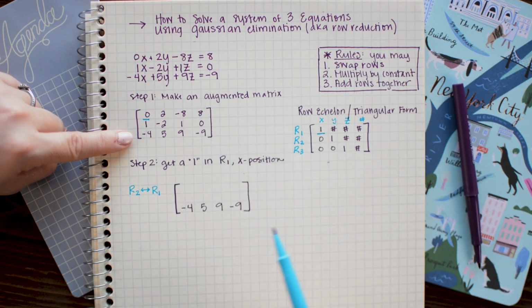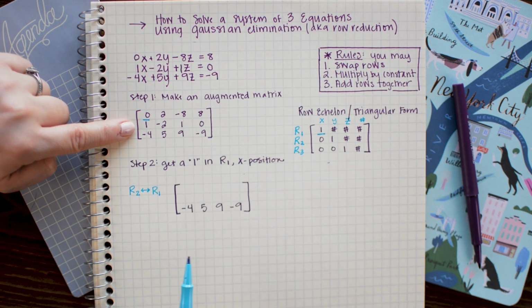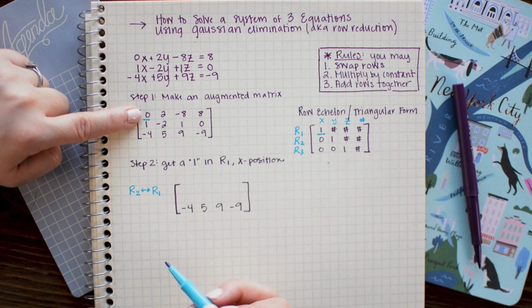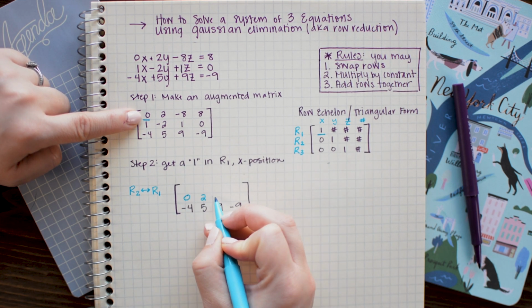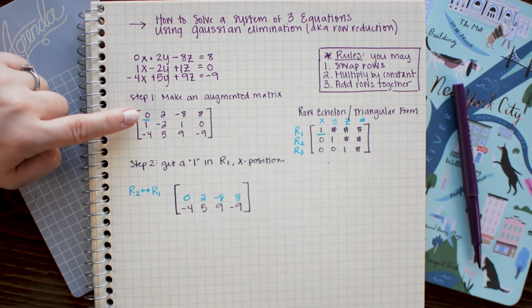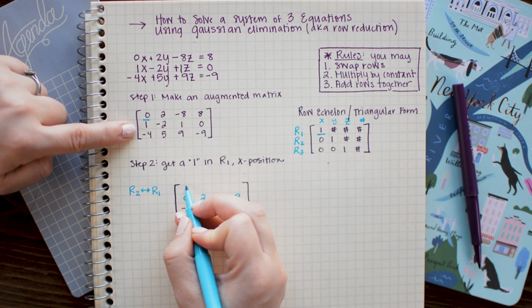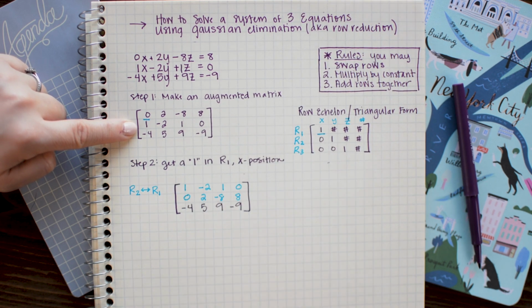Next, I'm just going to use a different color to help you see that I am swapping rows 1 and 2. So row 1 will go into the second position this time. So I'll put 0, 2, -8, and 8 here. And then row 2 is going to go into the first row. So I'm going to write 1, -2, 1, and 0 here.